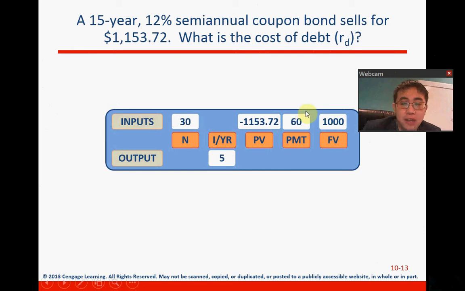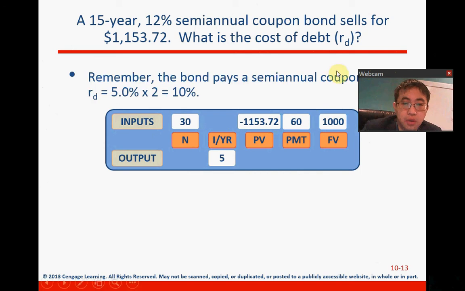Based on the setting, you get a 5. Remember, this 5 is the number you get after you set P/Y and C/Y in the calculator equal to 1. And in Excel, there's no way you can get other answers except the 5. So 5 is a semi-annual rate, but yield to maturity really is in annual terms, so you have to convert it. You have to annualize it.